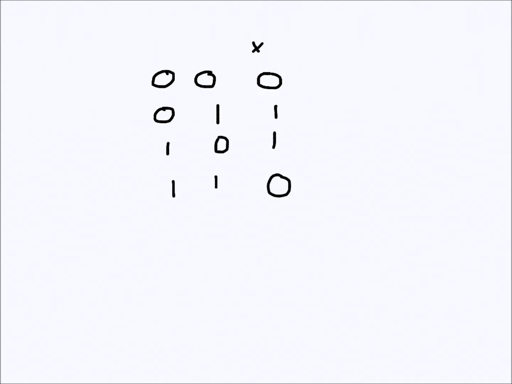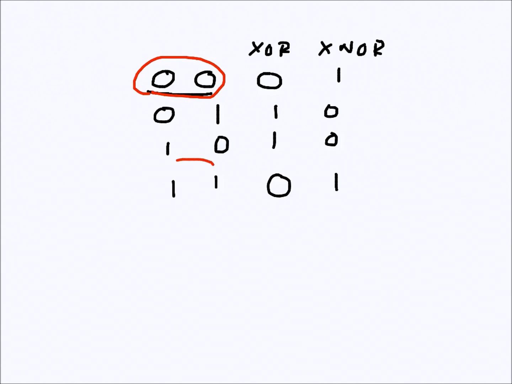And XNOR is just the inverse. What we can see in an XOR gate is that when the parity is even at both inputs, the output is a 0. So these two are even parity. And for an XNOR gate, the output is 1 for even parity.